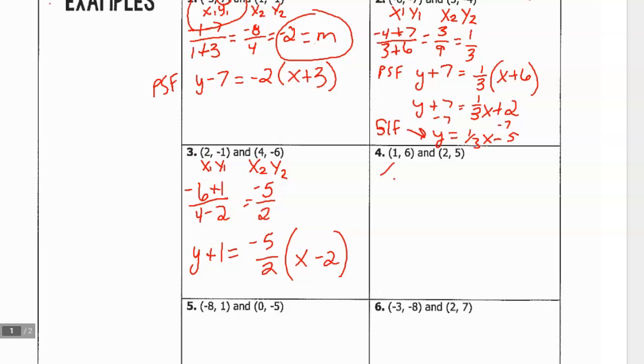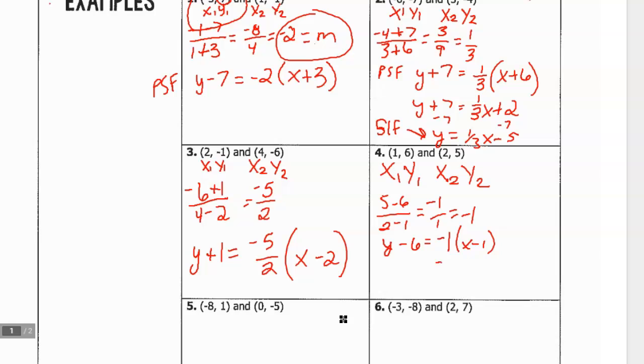Last one, x1, y1, x2, y2. So I have 5 minus 6 over 2 minus 1. So that's -1 over 1. -1. y minus y1, so y minus 6 equals my slope, which is -1 times x minus 1.